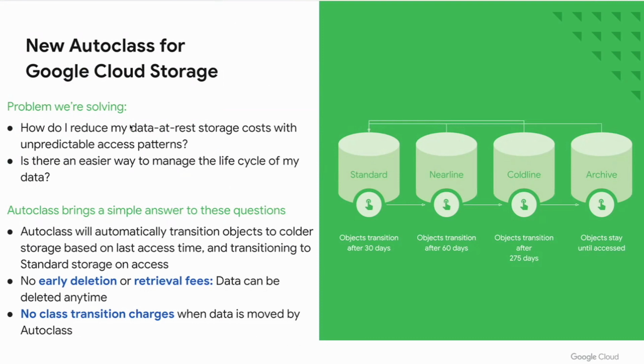So I think it's interesting that point came up, because I think that's really what this is responding to: the risk of archive for some people, where they don't have a lot of sense of what their access patterns are going to be, makes it hard to use. And this makes that, I think, more accessible. Of course, frankly, if you know what your access patterns are going to be, like, hey, these are documents that I'm legally required to keep, and I'm going to read maybe 1% of them ever, don't use AutoClass.